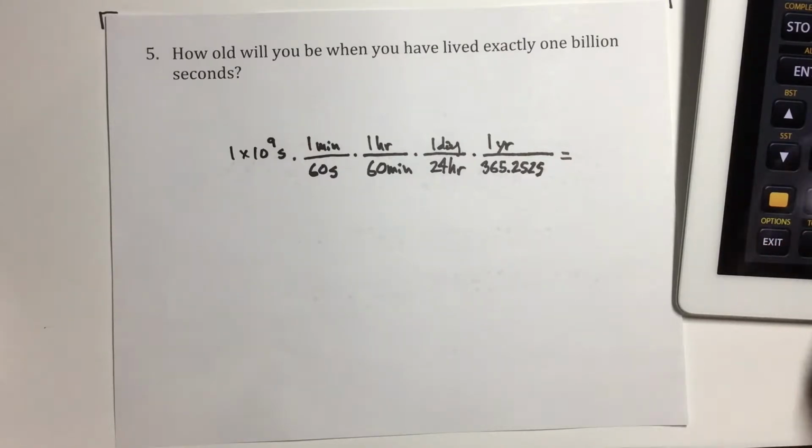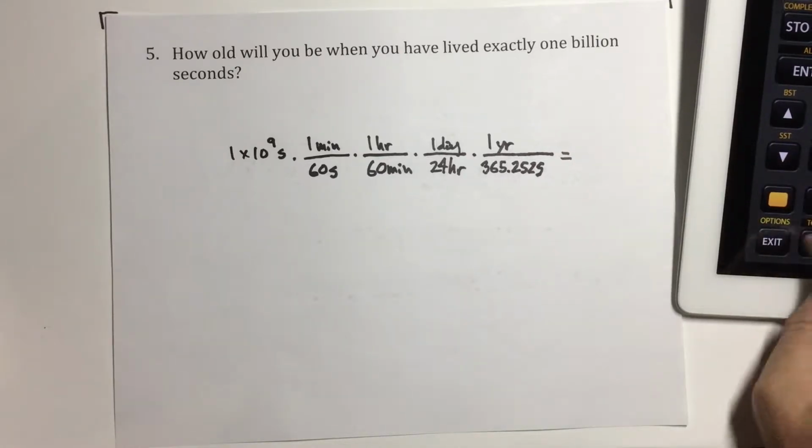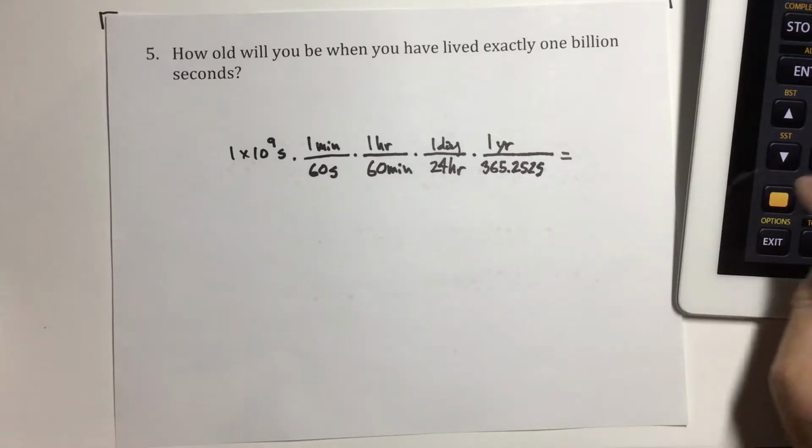All right. So 1 times 10 to the 9 divided by 60 divided by 60. I just screwed up on the calculator.